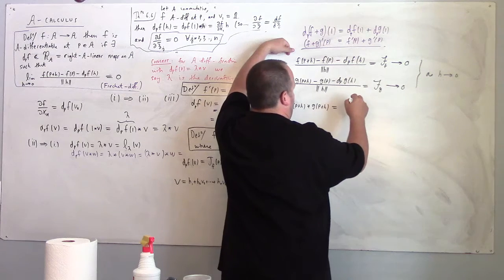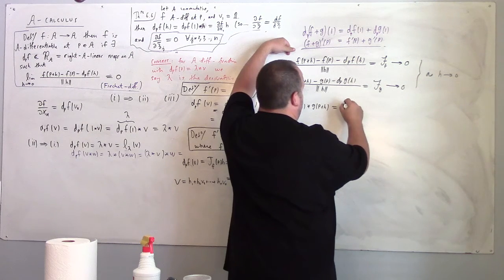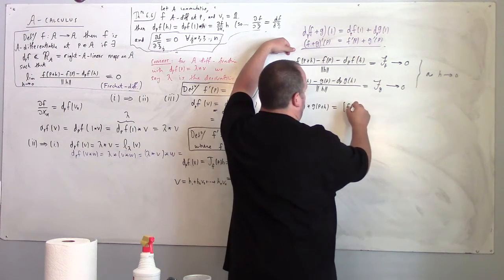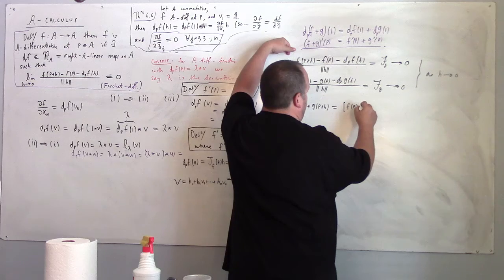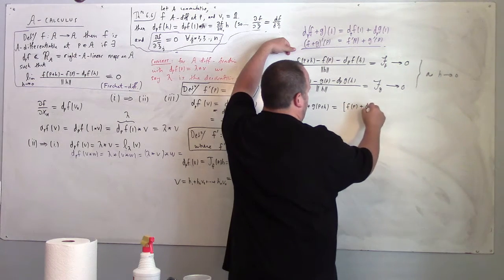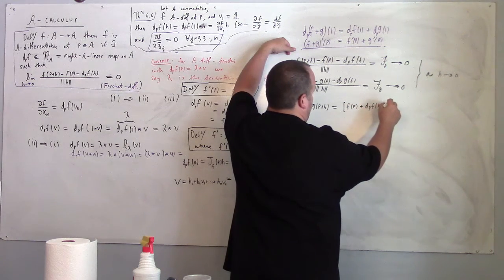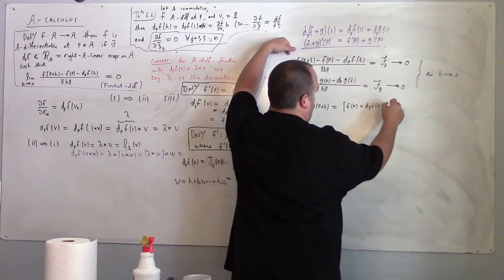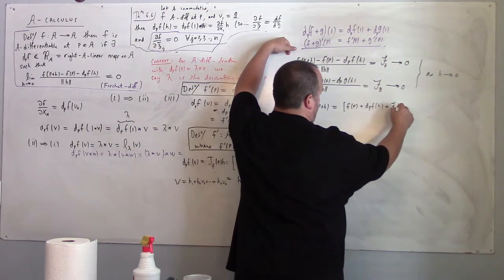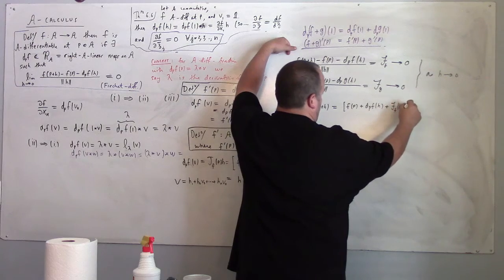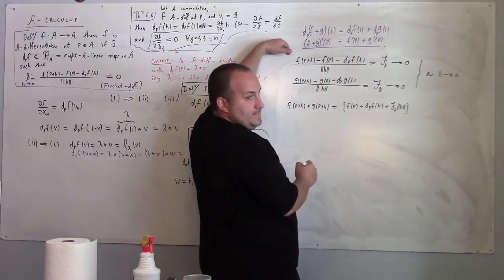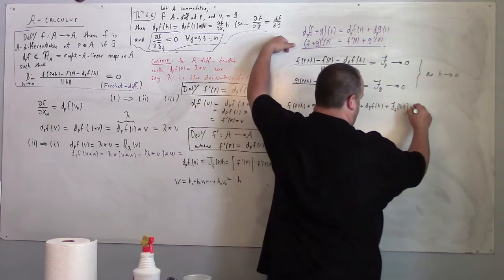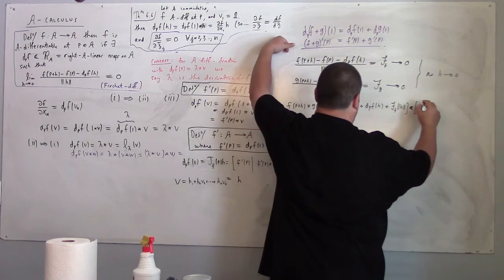So the joy of limits. So this is f of p plus dpf of h plus the Frechet quotient of f times the norm of h, times the same thing, but with g.